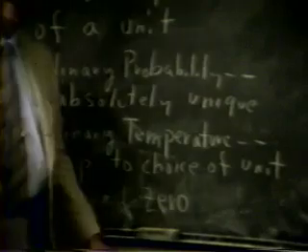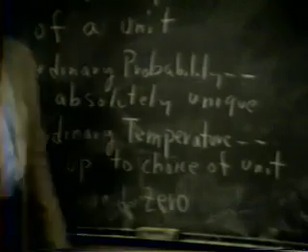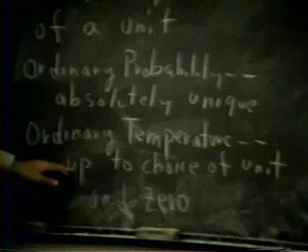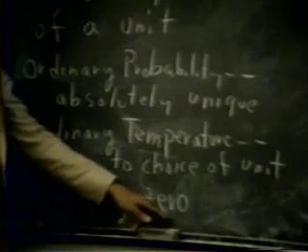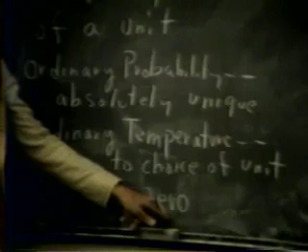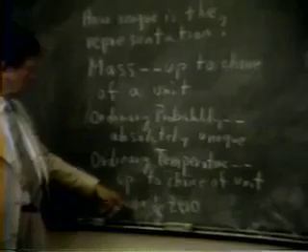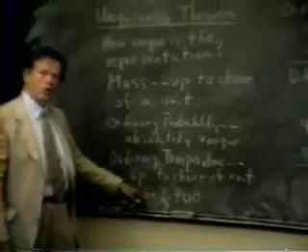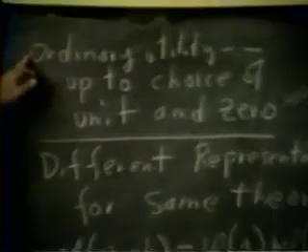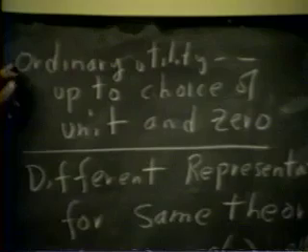On the other hand, in the case of ordinary temperature, Celsius or Fahrenheit, we have not only the choice of a unit, but also the choice of a 0 point. So, for example, Celsius and Fahrenheit measurements of temperature differ not only in the choice of a unit, but also in the choice of a 0. In the case of utility, the ordinary measurement of utility or value is like the measurement of ordinary temperature.